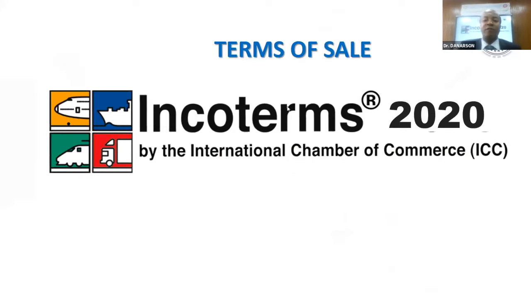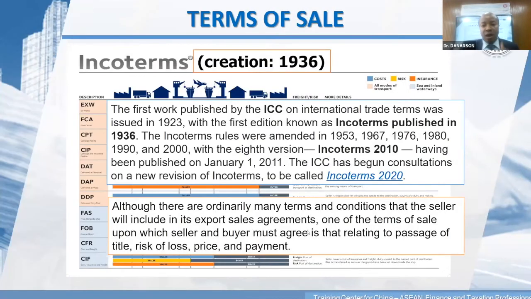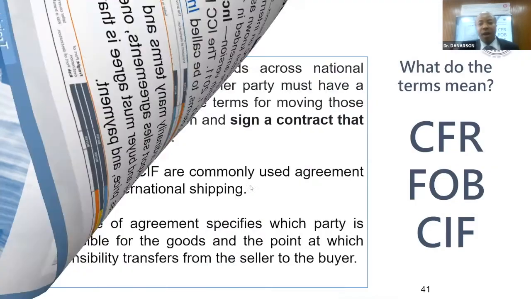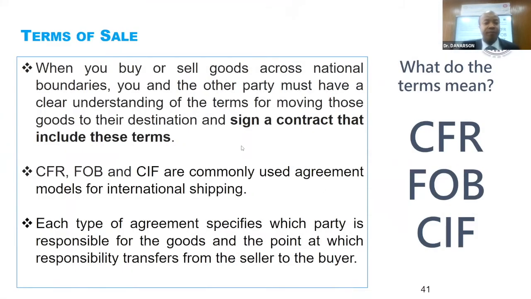From my research, probably I'm wrong, but from my research, the latest Incoterm was in 2020, last year, given by the International Chamber of Commerce. Then what are the Incoterms?